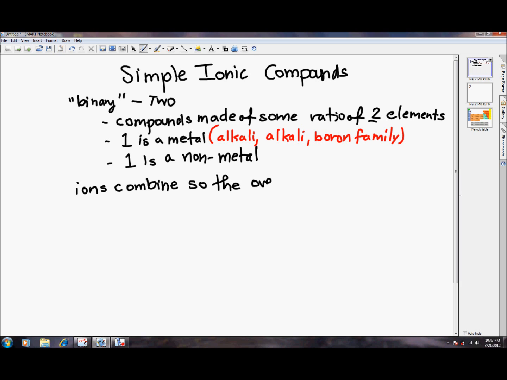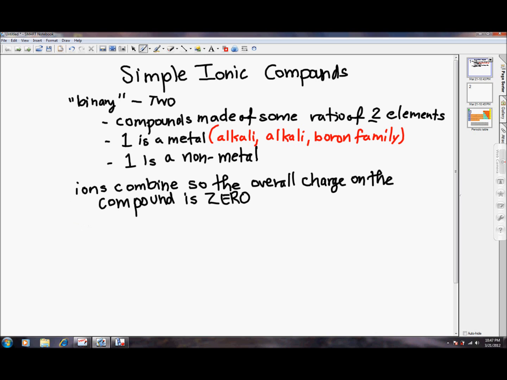So the total charge on the compound is 0. Okay, we're going to look at some examples of how that works.